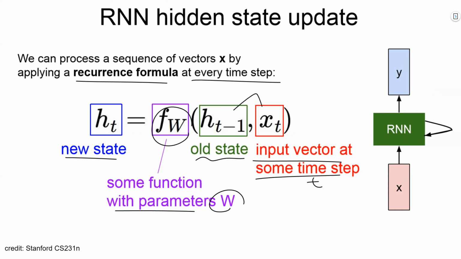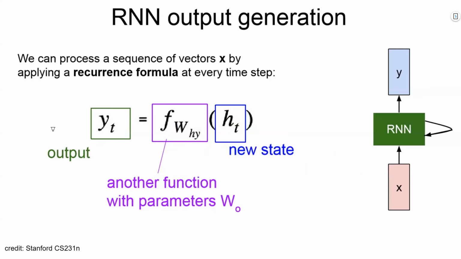Combining these two inputs, it generates the new hidden state. And using this new hidden state, you can generate output at time step t. We are going to use another function with parameters w sub o to generate the output.